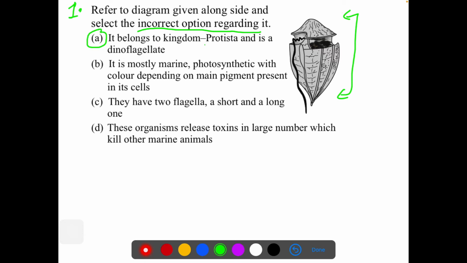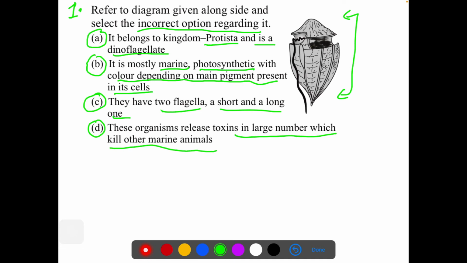It belongs to kingdom Protista, and it is a dinoflagellate. It is mostly marine, photosynthetic with color depending on the main pigment present in the cells. They have two flagella, a short and a long one. These organisms release toxins in large number which kill other marine animals.